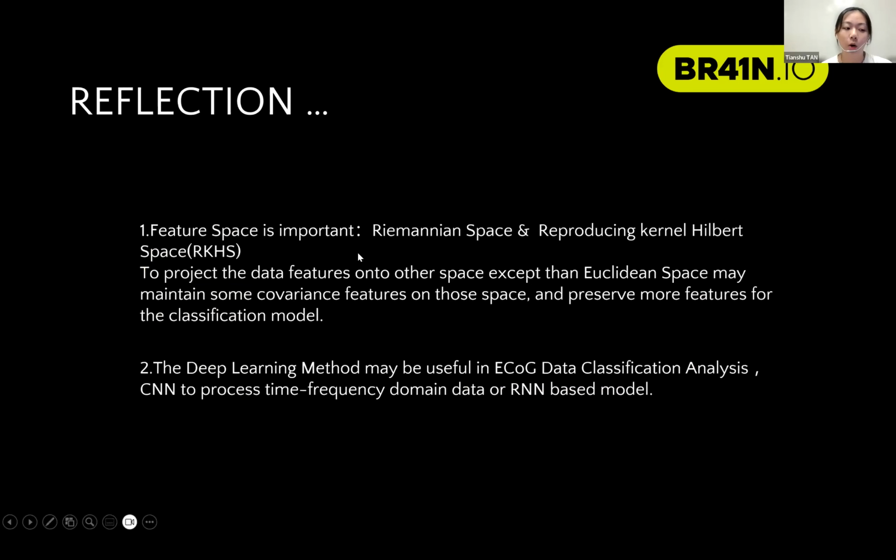To sum up our project, first, we were very surprised to find that the feature space is much more important than we thought. The feature reduction stage in Riemannian and RKHS would definitely improve the performance of the classification a lot.